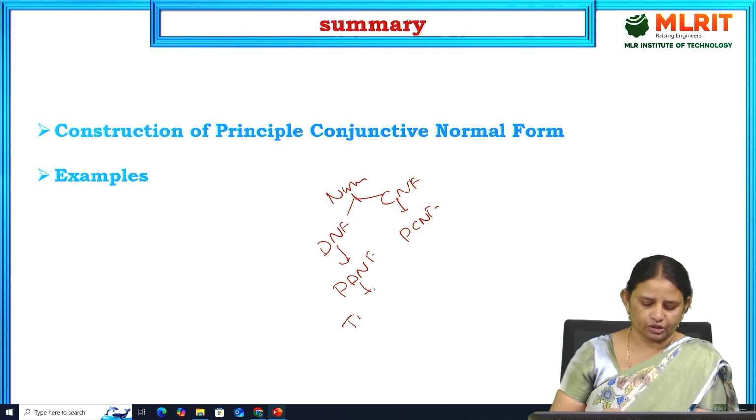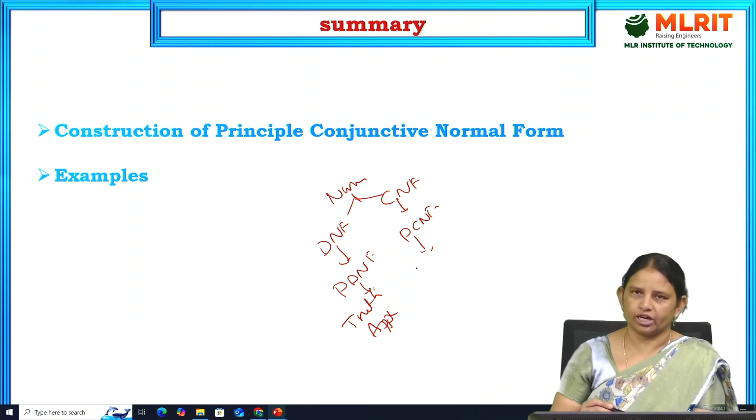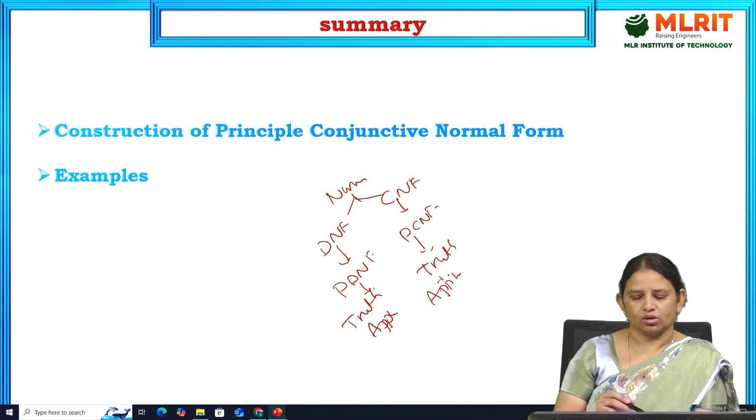One is the truth table, another one is applying laws. Whereas in the case of PCNF also, again 2 methods are there. One is the truth table method, another one is applying laws. These are the methods we discussed for normal forms.